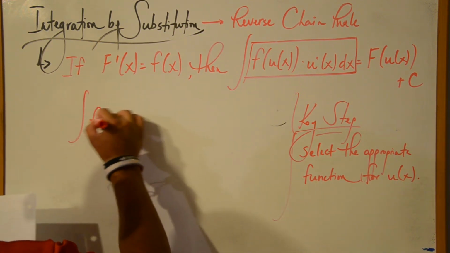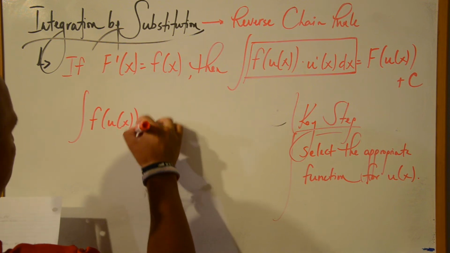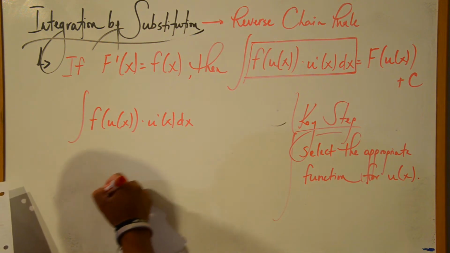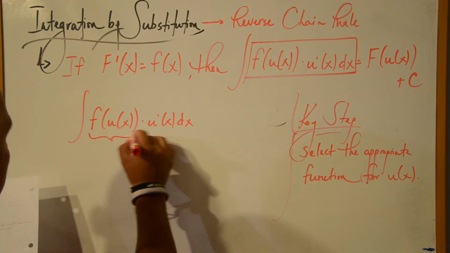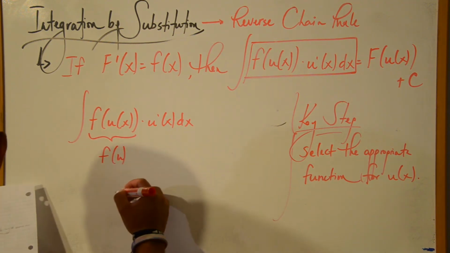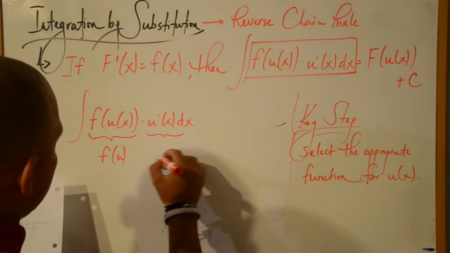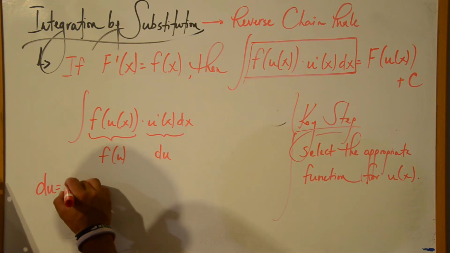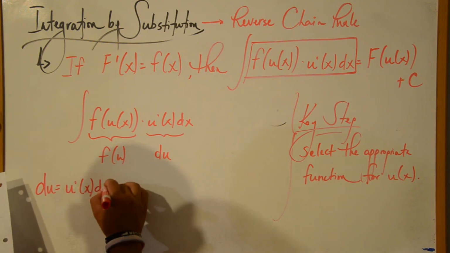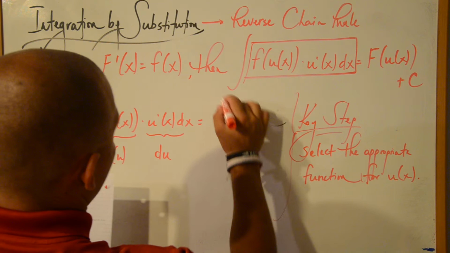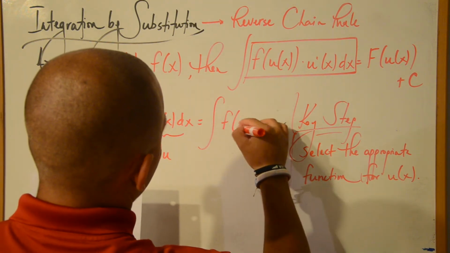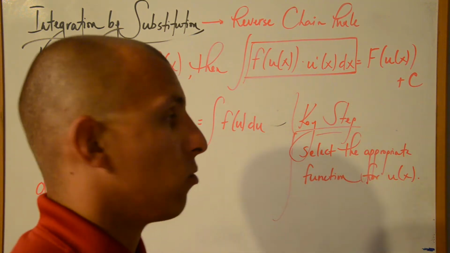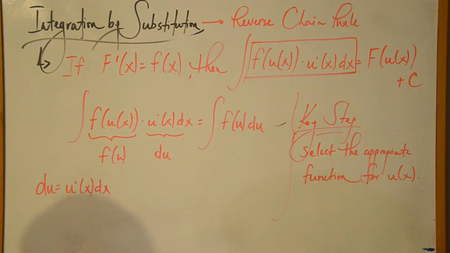If we have f of u of x times u prime of x dx, this is equivalent to f of u, and this piece here becomes du, where du is equal to u prime of x dx, so that I can rewrite the integral as the integral of f of u du. Then I can most likely apply some type of power rule, or maybe I have a constant function altogether.